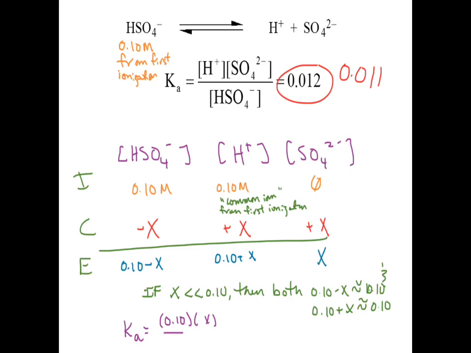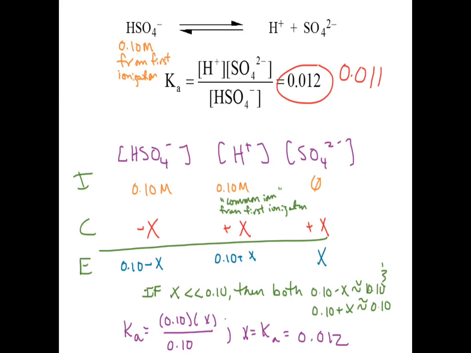Okay. So plugging back into the Ka expression, Ka is the molar concentration of the hydrogen ion, 0.10, because the x didn't mean anything, times the molar concentration of the sulfate, which is x, divided by the molar concentration of the HSO4 minus, which is also 0.10.